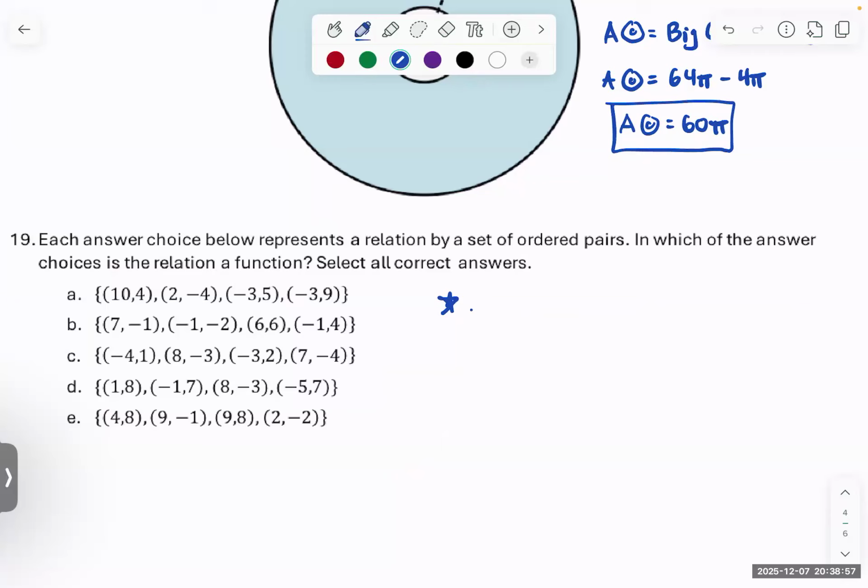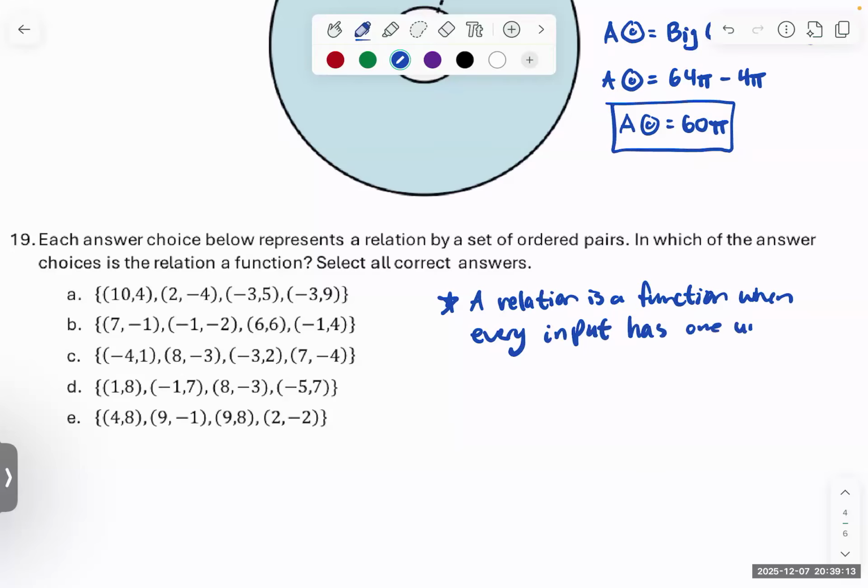So a relation is a function when no inputs share multiple outputs.